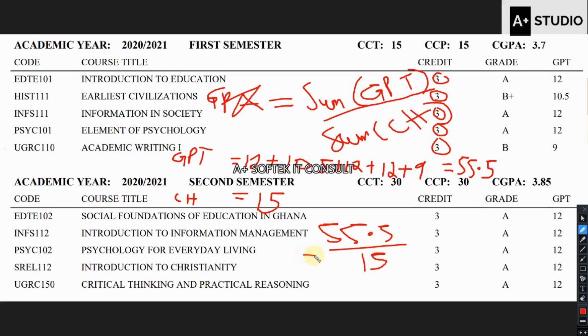That is going to give us 3.85, if you key in with your calculator. So therefore, this becomes the GPA of this particular semester. So this semester, the student had a GPA of 3.85.